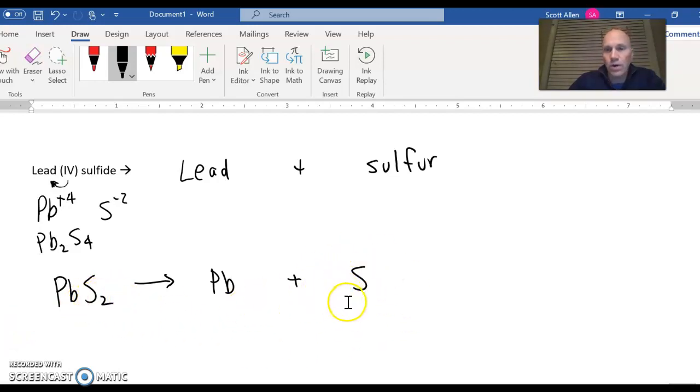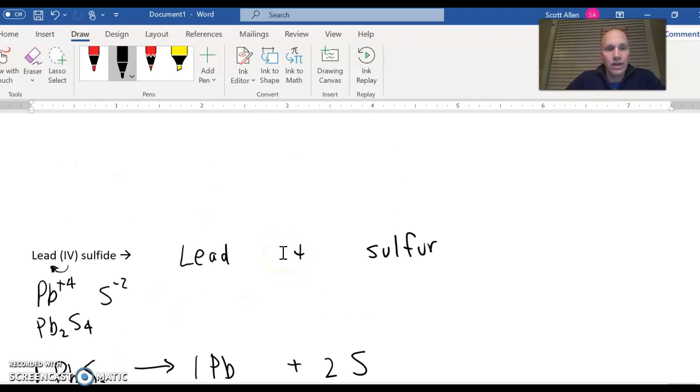Right now there's only 1 on this side, so we put a 2 in front of that, and at that point it would be balanced. If you want to, you can go ahead and add 1s in front of both of these right here. Those are examples of both synthesis and decomposition reactions.